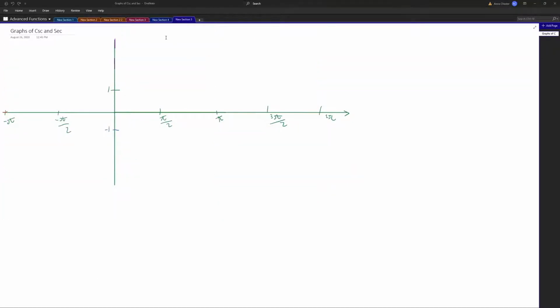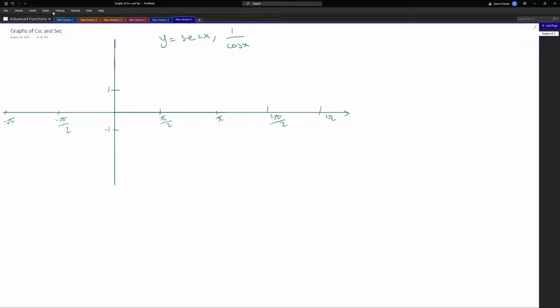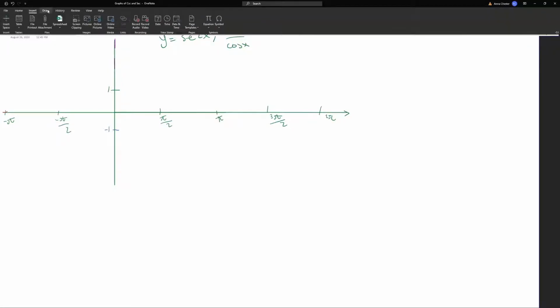Okay, so now let's talk about the graph of y is equals to secant of x. Again, secant means 1 over cos of x. We could graph our cos chart, but I don't think it's necessary since we just learned how to do that with our sine. So all we have to really do is remember where our key points were.